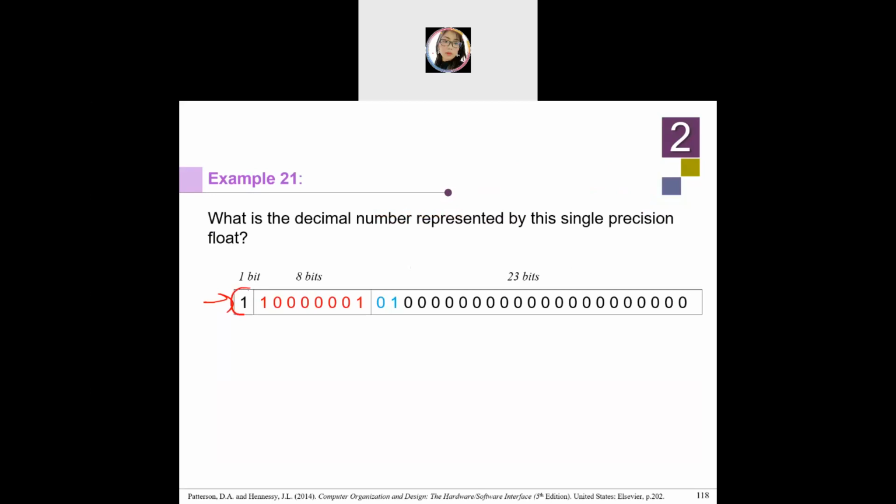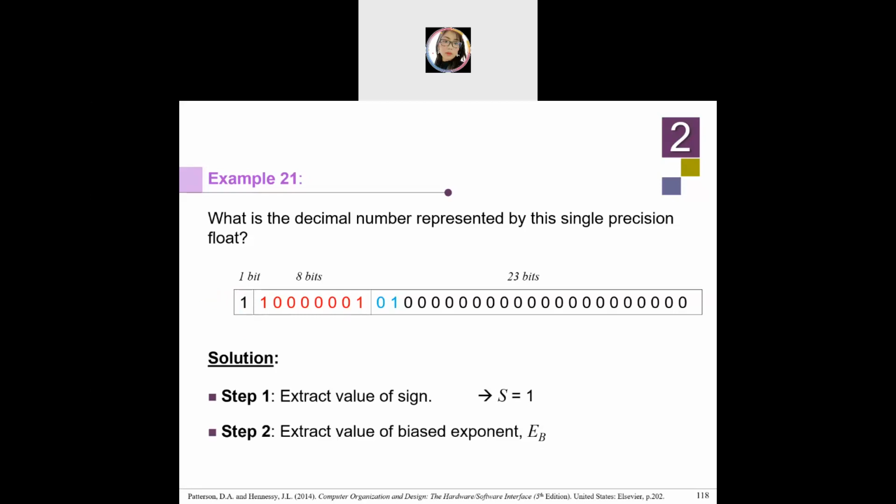We need to see the value of the sign first. Now it's 1. Our sign is 1, which means a negative number, isn't it? So it is a negative number. Step number 2. We need to extract the value of our exponent, the biased exponent. Please convert this to decimal.